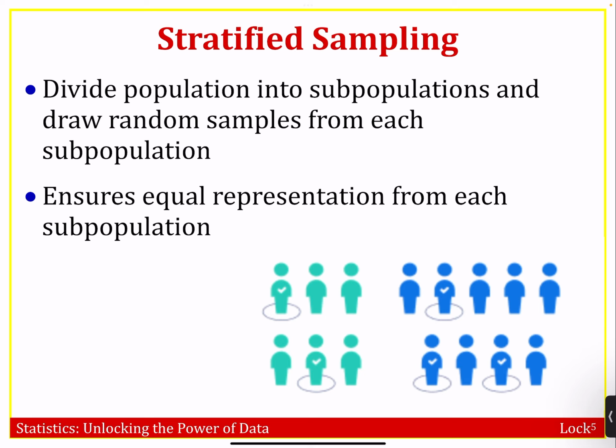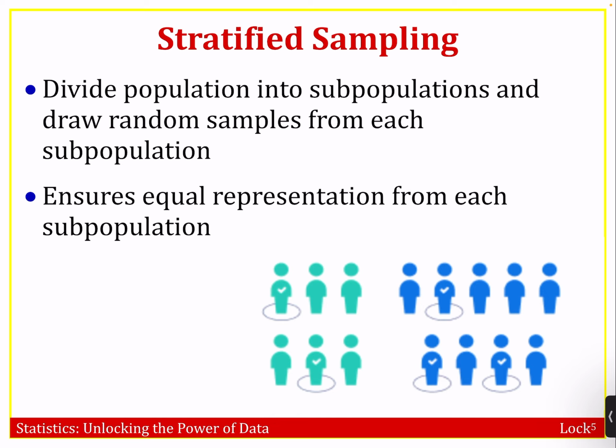We can also make what's called a stratified sample. So what we do is we divide our population into subpopulations, and then we draw random samples from each of those subpopulations. This mechanism is used primarily when we want to make sure we've got equal representation from each subpopulation.